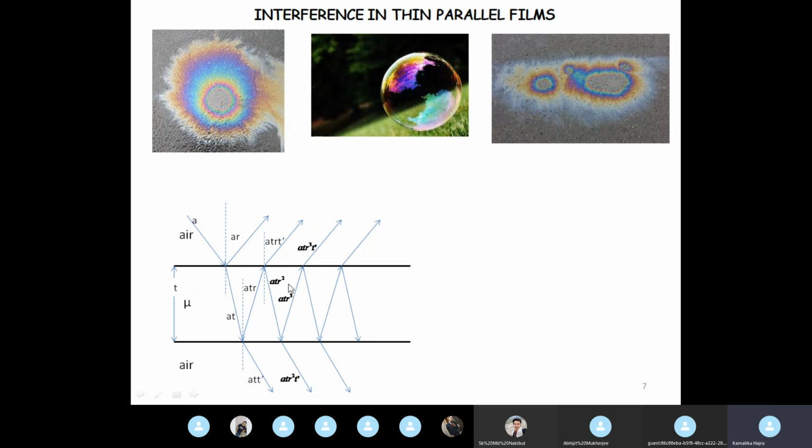But since the magnitude of R is the same, R1 equal to minus R2, we do not take the sign into consideration. We take only the magnitude, because we have to remember that intensity is amplitude squared. So whatever the sign, when you square it, only the magnitude counts. Is it clear to everybody?